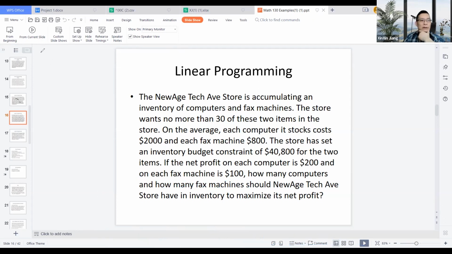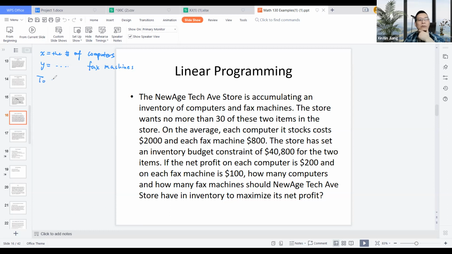All right, so we have X is the number of computers. The Y is the number of fax machines.